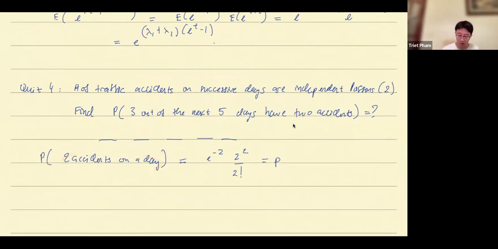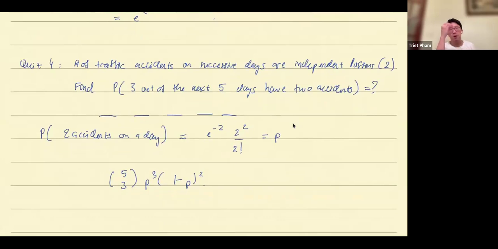So the answer is 5 choose 3, P cubed, 1 minus P squared. Any question on this?